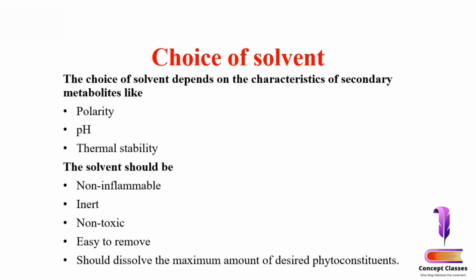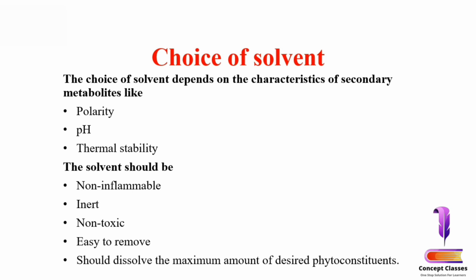And these secondary metabolites are pharmaceutically very important as they have high biological activities. Some examples could be alkaloids, cardiac glycosides, anthraquinone glycosides, terpenoids, steroids, and many more. These are the various secondary metabolites which we isolate from the plant material.